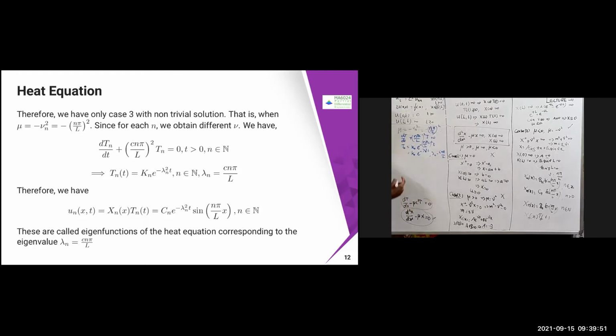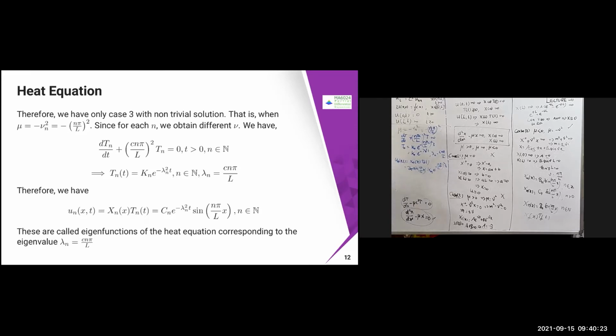Therefore, your solution is going to become un of x comma t equal to xn of x into Tn of t, where xn of x is nothing but bn into sin n pi by L into x, and Tn of t is nothing but kn into e power minus lambda n square t.